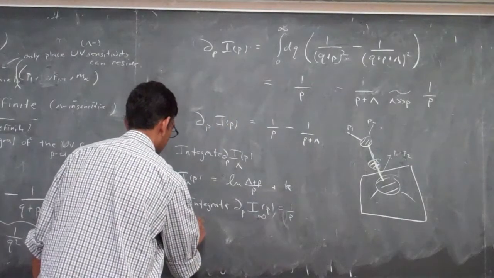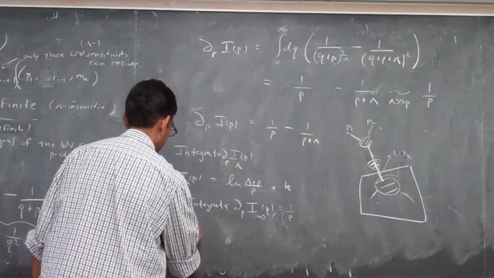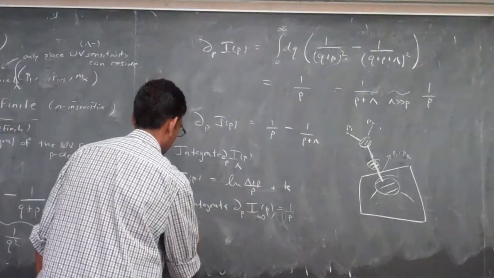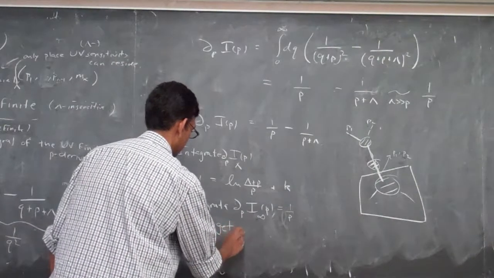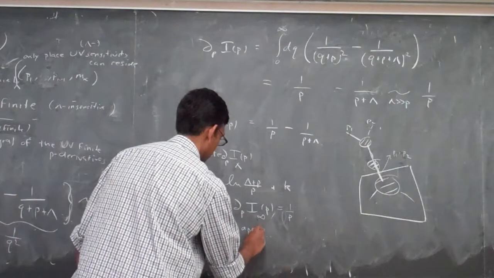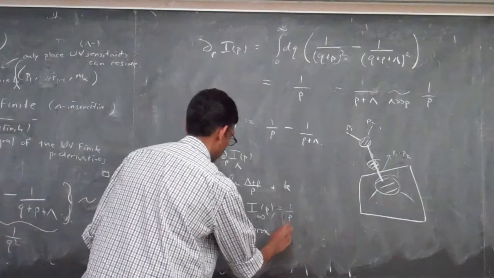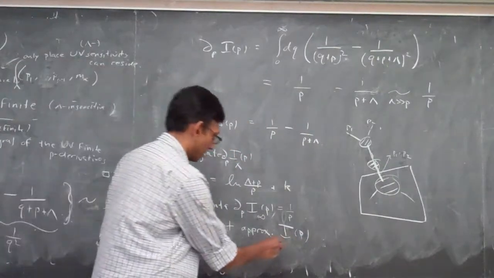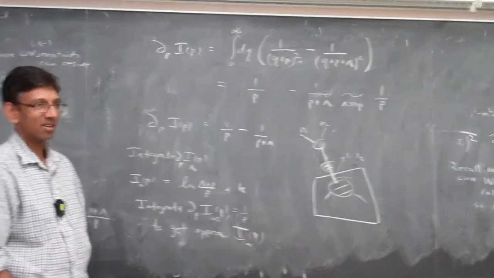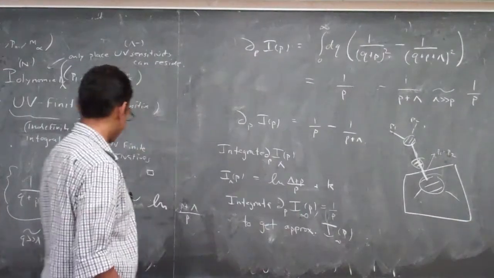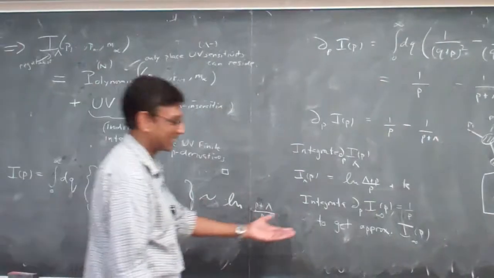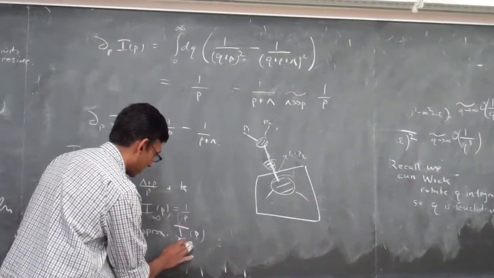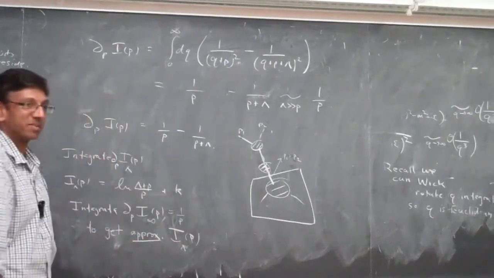Then what it says is that I get an approximate I of p. Now, which I of p are you going to get by doing it? You might say, oh, I'm going to get I of infinity of p. Heck no, that doesn't exist. We know it doesn't exist. It's divergent. This would be a nonsensical statement. Nobody has told us this exists. That's why I use the word approximate.